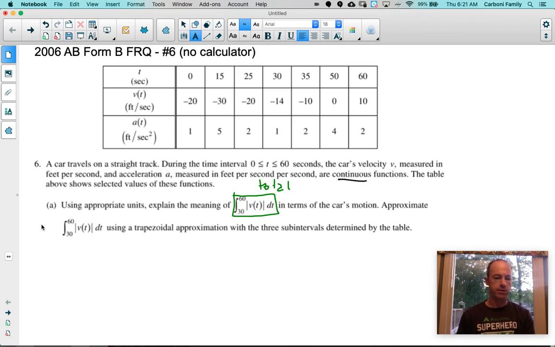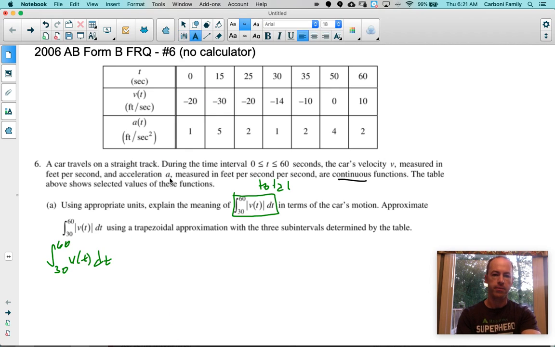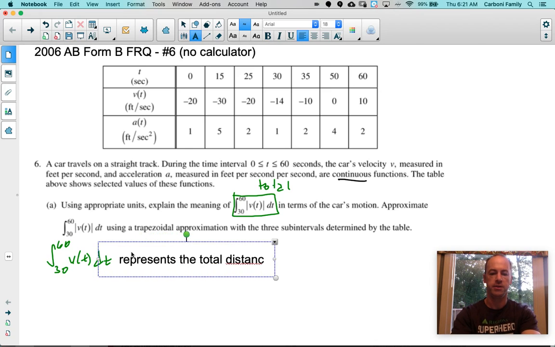I'll write it. So the antiderivative, whoops, lost my pen, from 30 to 60 of the absolute value of v of t, and now I'll type. It represents the total distance in feet.